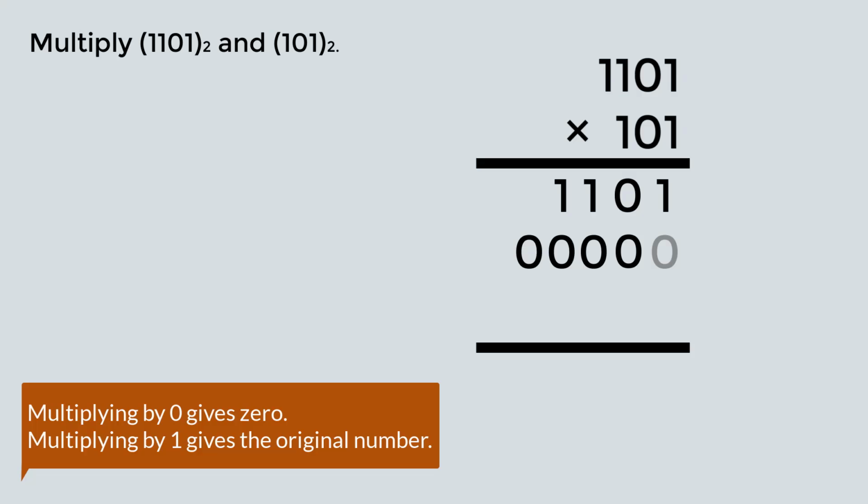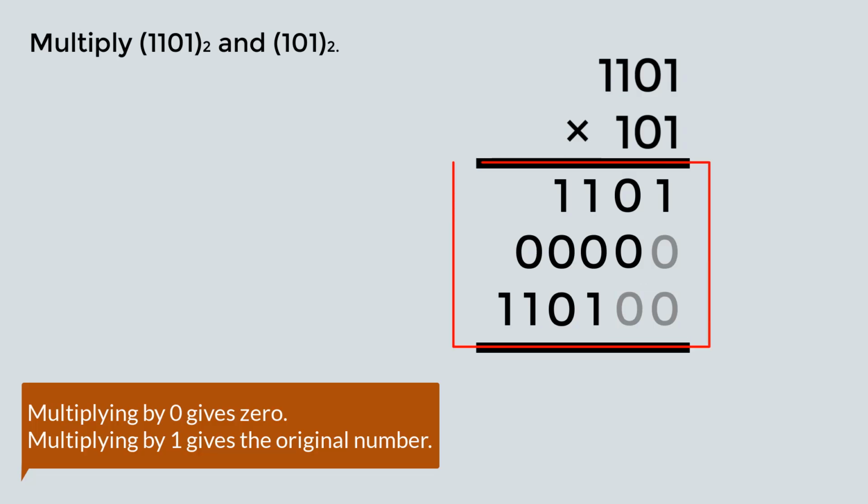The next digit of the multiplier is 1. So we write down the multiplicand again. Because this digit is two positions to the left, we shift the partial product two places to the left. So the partial products are 1101, 0000, 1101. Now we add these partial products.